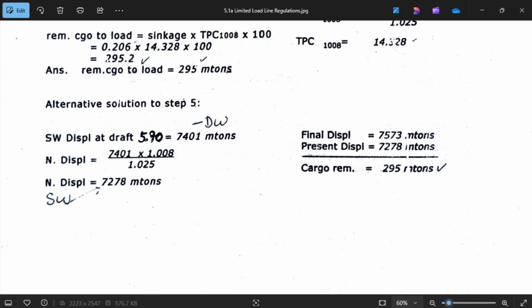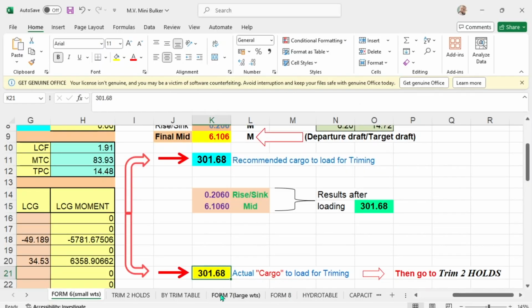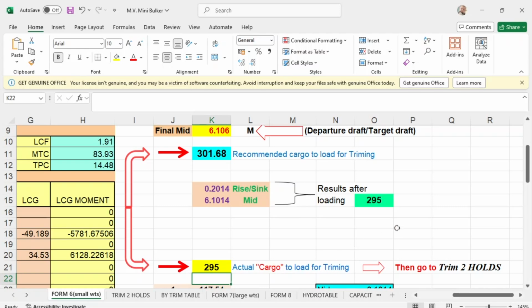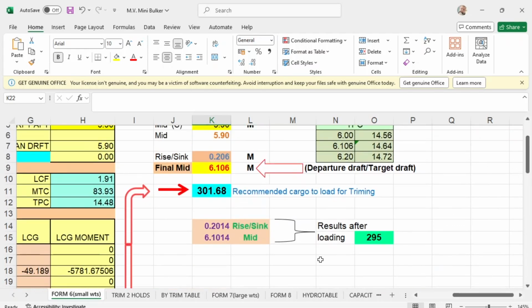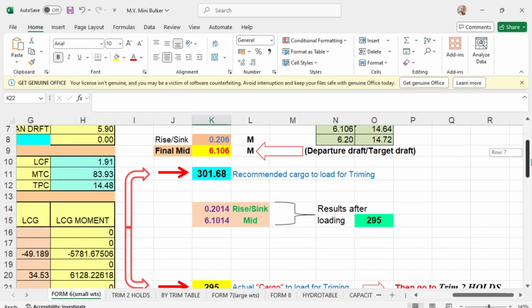So we put 295. Then once you load 295, what will happen? Your mid drop will be 6.10, so it's a little less. Then your sinkage is 2.014 while you have the 2.06. Okay, we will just proceed, guys.